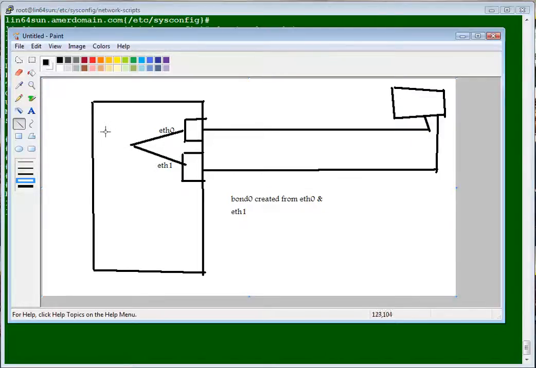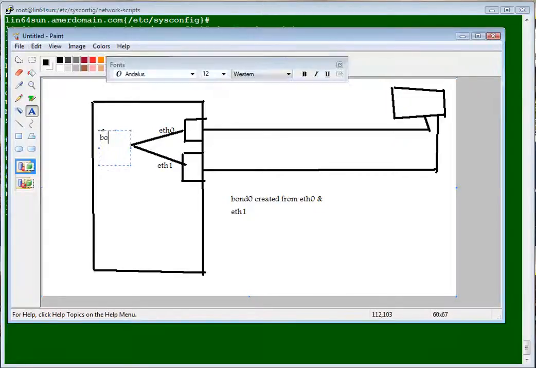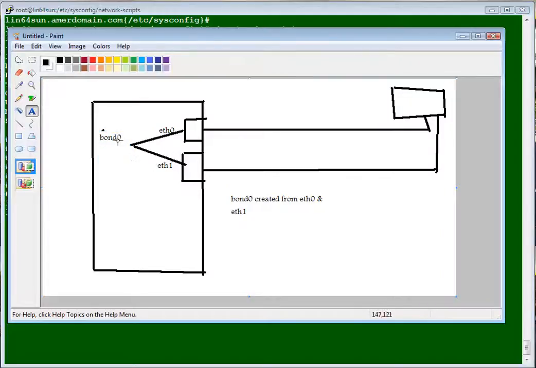This is my bond 0. So now you understand, this bond 0 is actually one logical interface.